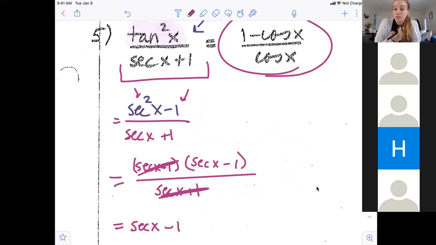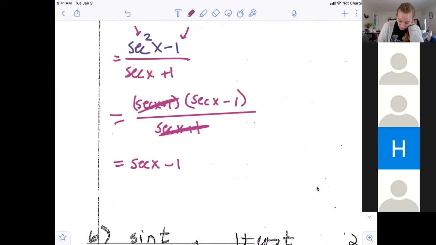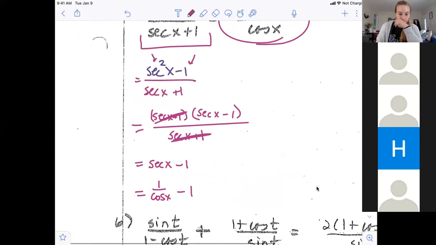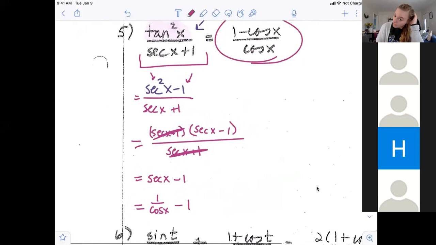Let's make secant in terms of cosine and then see what we need to do to keep manipulating it. Secant x minus 1 is going to be 1 over cosine minus 1. Okay, we're getting close. I don't want two fractions, I want one fraction. So the easiest way to get one fraction is to get like denominators.